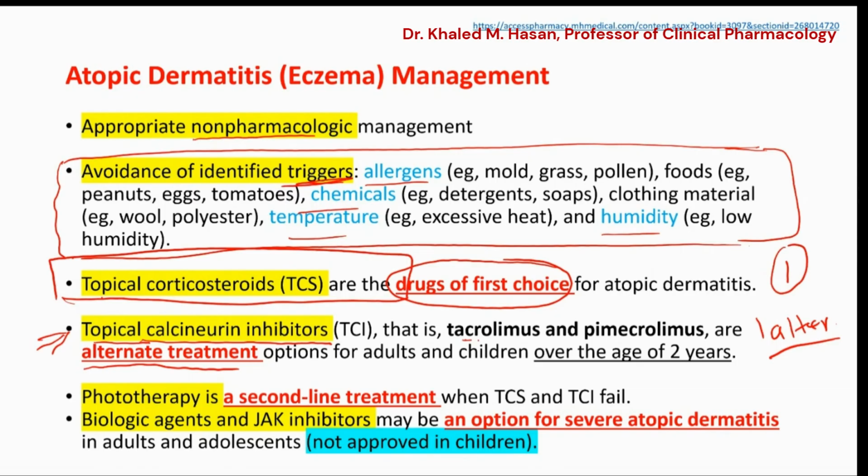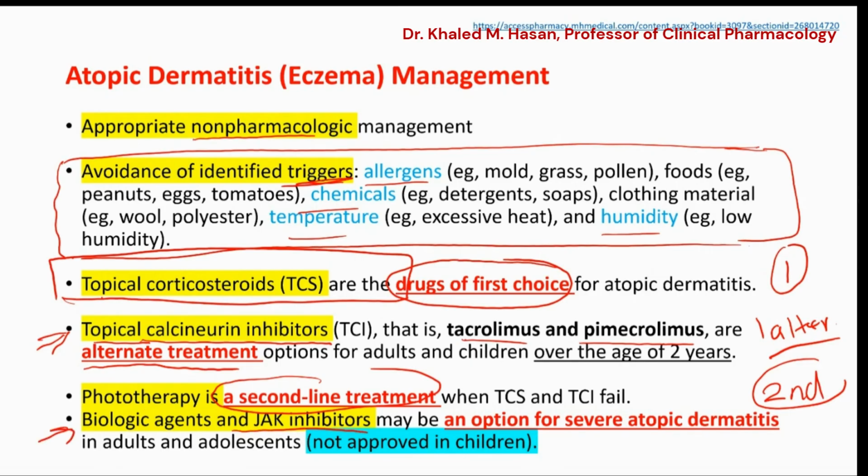We have tacrolimus and pimecrolimus. Then the second line treatment: we have biological agents and JAK inhibitors.